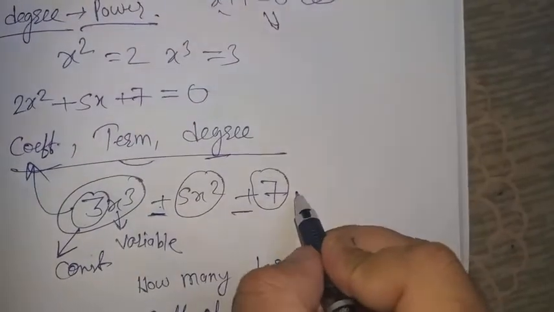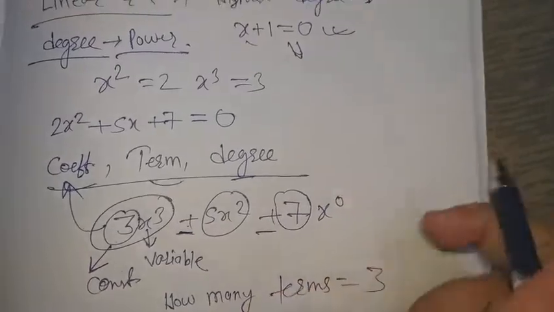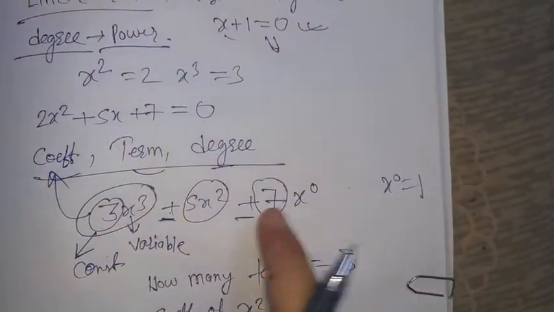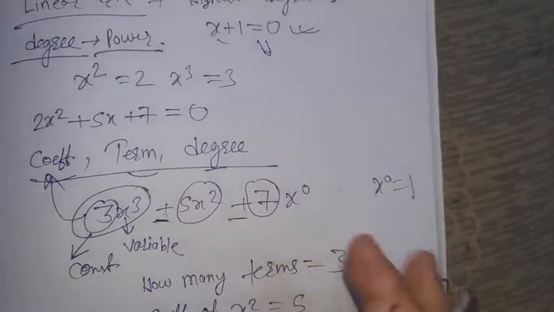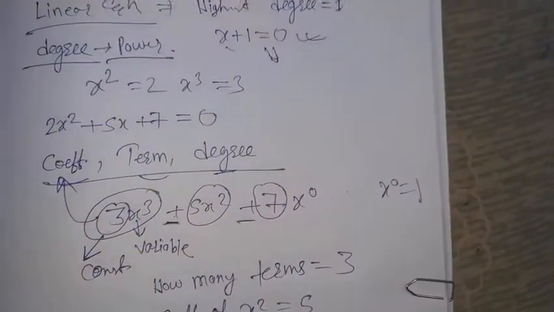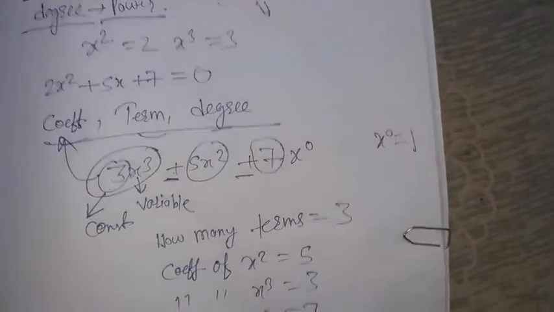We can write 7 as 7 into x to the power 0, because x to the power 0 is 1, and multiplying 1 with 7 remains 7. So the coefficient of x to the power 0 is 7. Many questions can be asked.